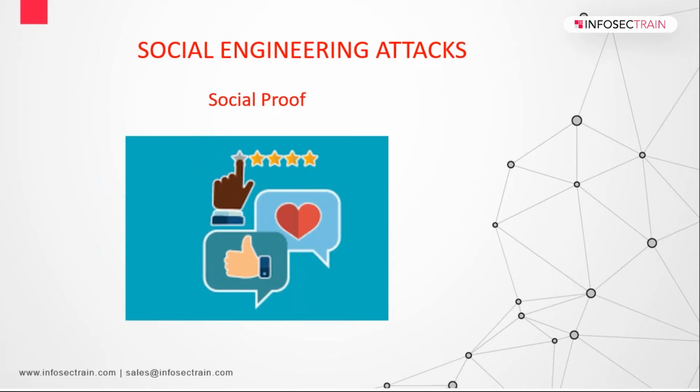But one fine day, when you have gained a lot of likes, a lot of trust, a lot of followers, and you want to exploit it, you can easily place a malicious link there, right? They'll trust you because you have already built that trust with them, and you will be taking advantage of that. Got it with the social proof thing?